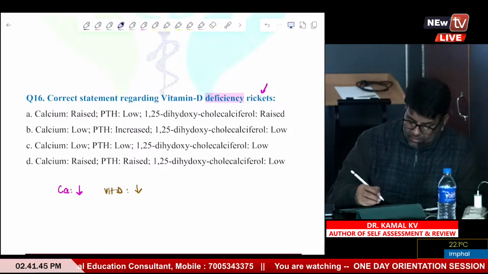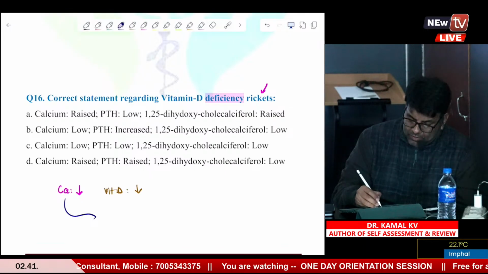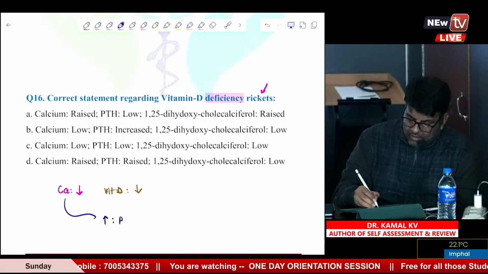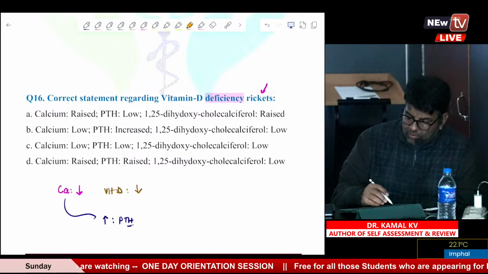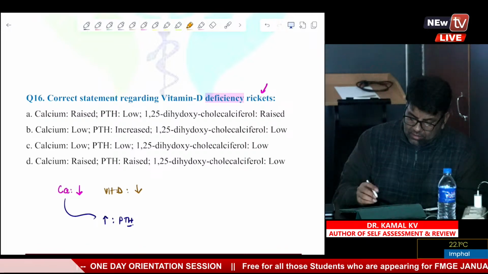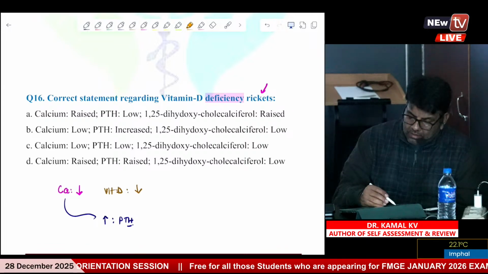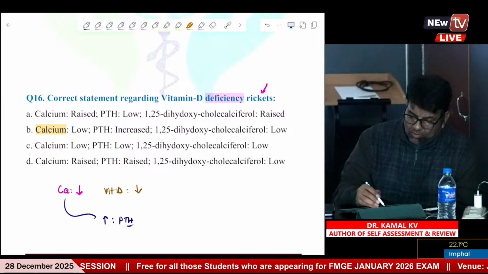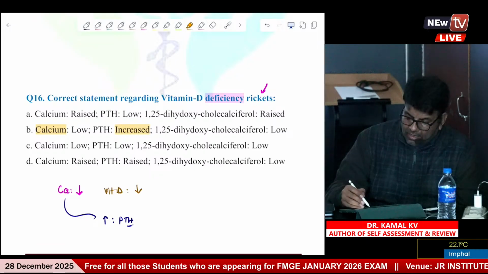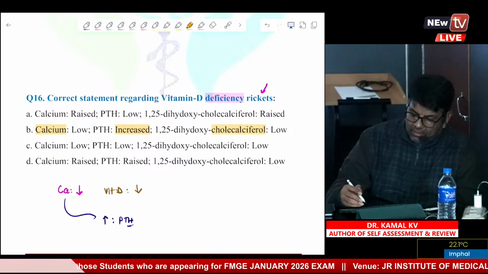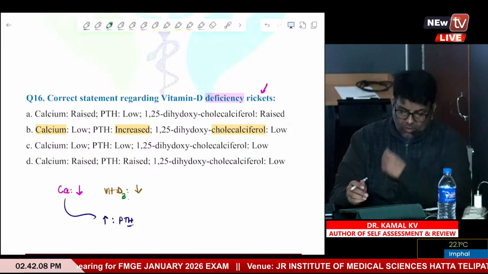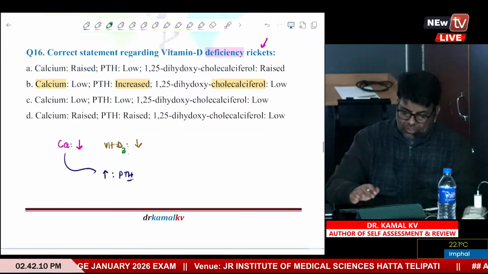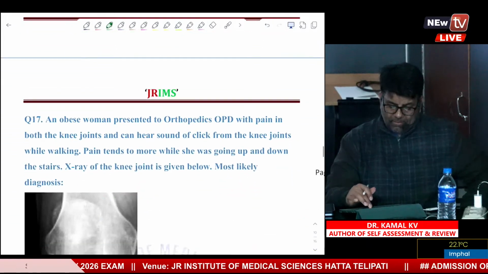And when there is low calcium, which hormone becomes high? Parathormone. So answer here is B. Calcium low, PTH high, vitamin D3 low. Right? So this is how you will answer this question. Okay, next question.